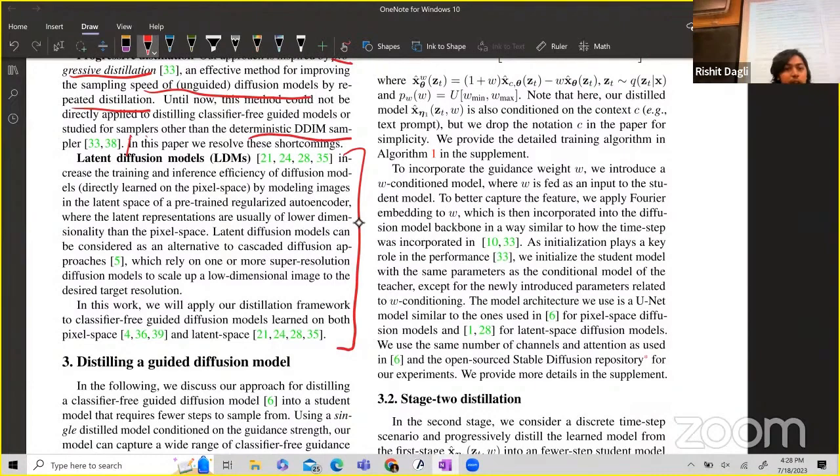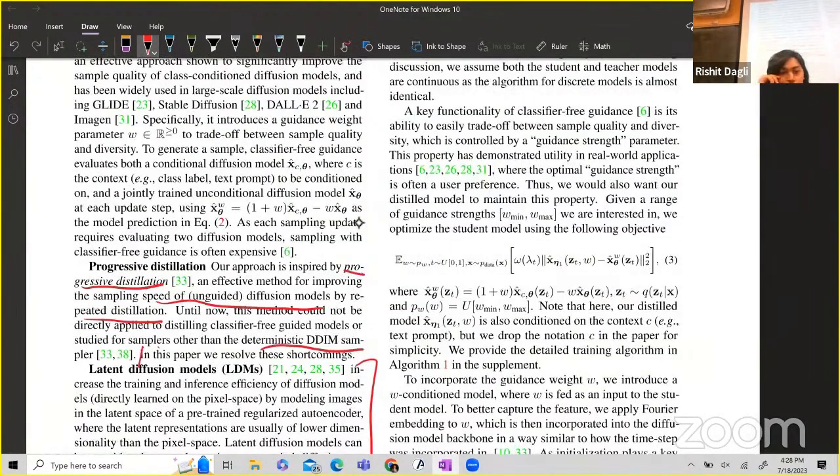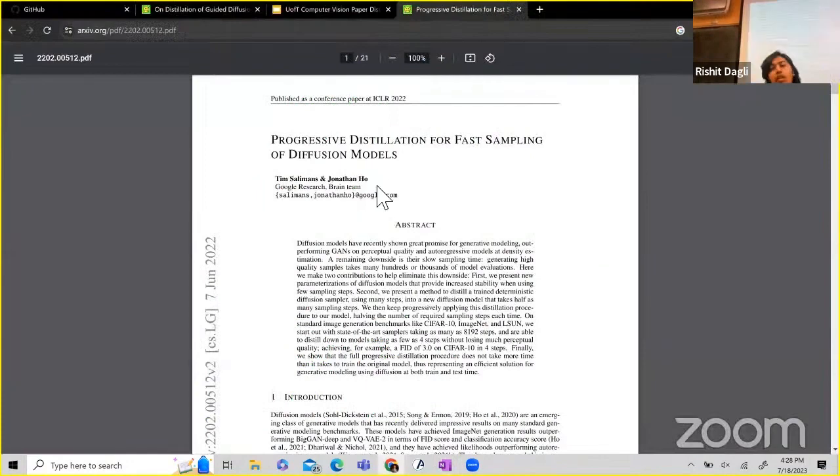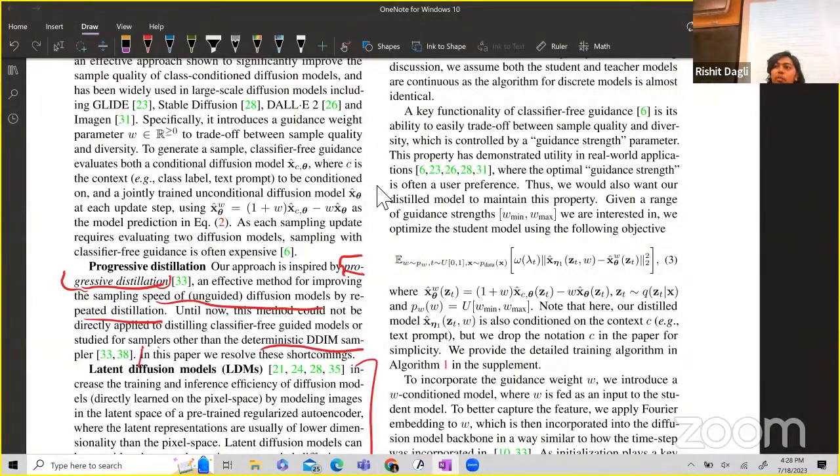So at least over here, what they mean by progressive distillation is, what they do in this paper, the 33 one, is they take a trained diffusion model, treat that as a teacher, and then train a student diffusion model. The student model is then trained to get the same results as the teacher model. The optimization function is constructed so that the images generated are approximately the same.